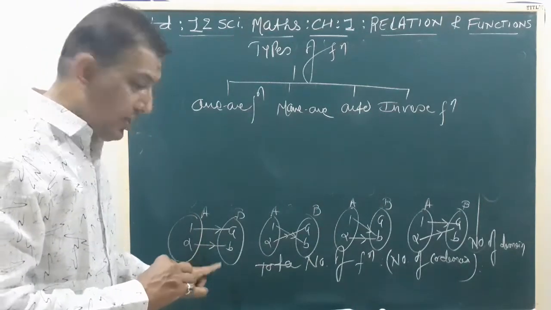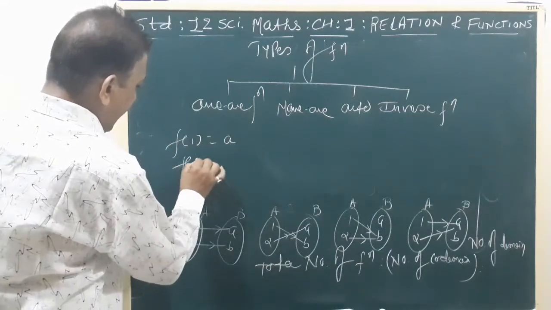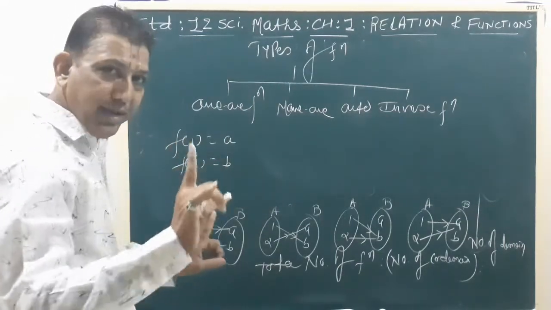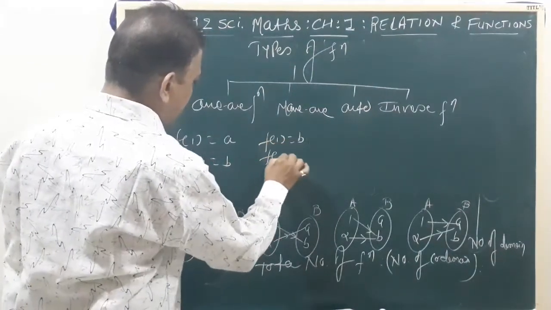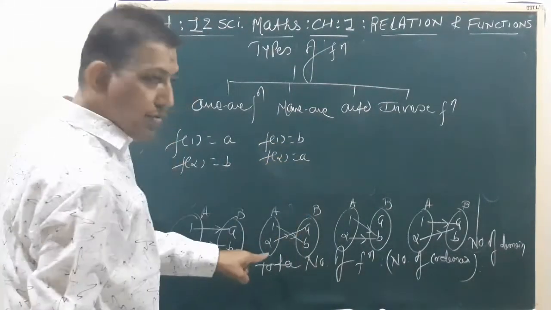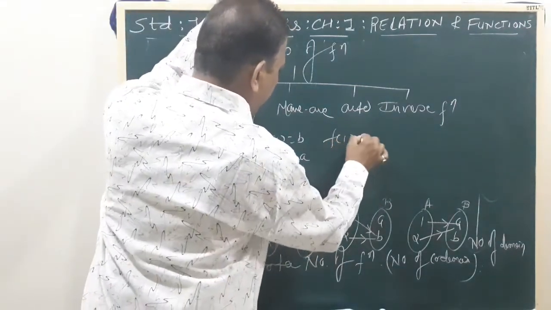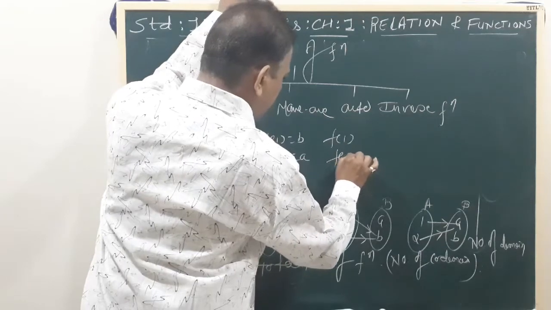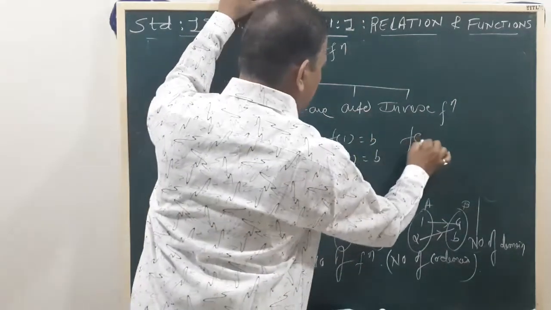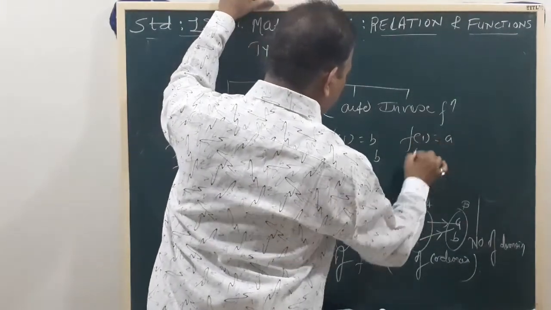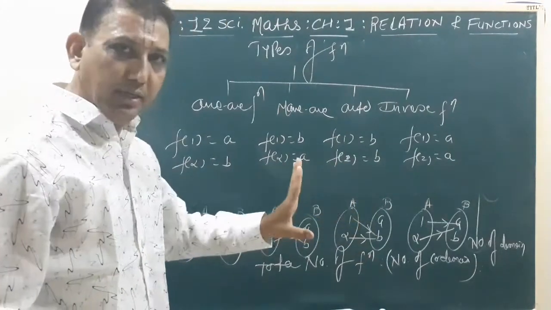Here F1 answer A, F2 answer B. Second figure: F1 answer B, F2 answer A. Third figure: F1 and F2 both have answer B. And in the fourth, F1 A, F2 also A.